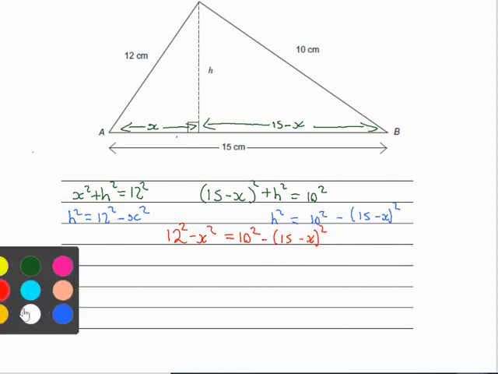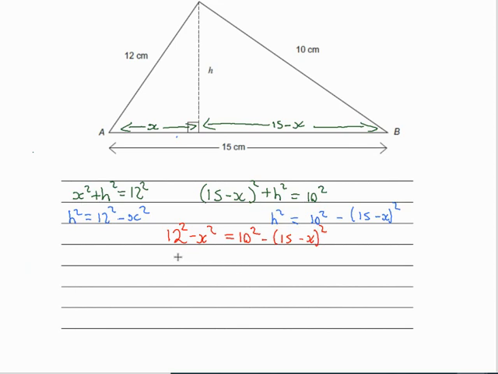Okay, then I've got 12 squared minus x squared is equal to 10 squared minus this 15 minus x squared, just to do that over here. 15 times 15 is 225. 15 times minus x is minus 15x.